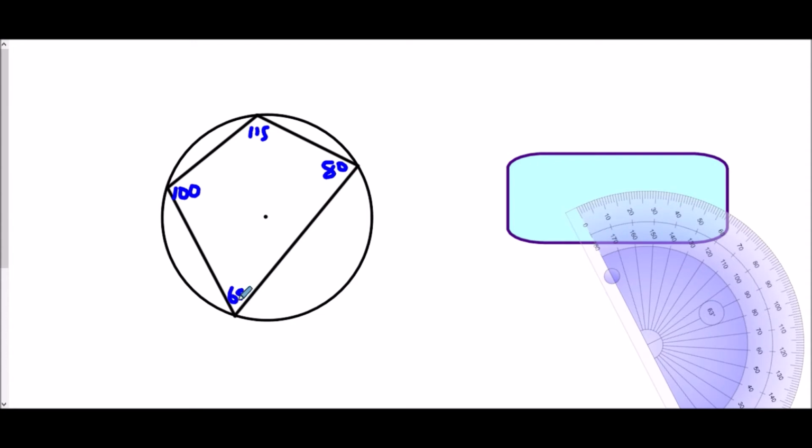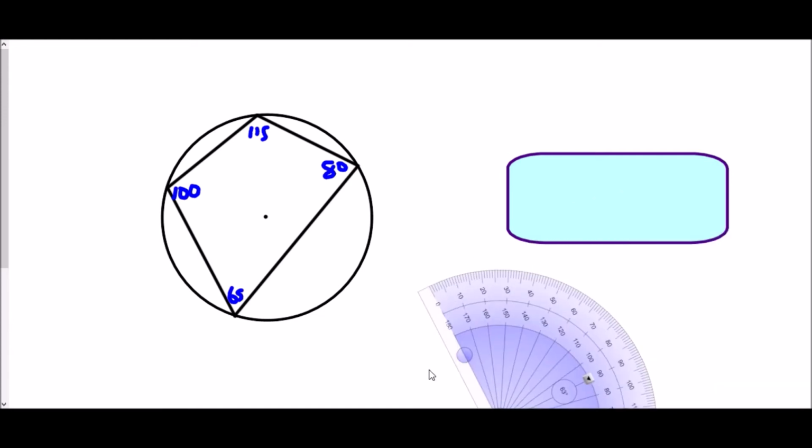Now, if we look at these angles, this time we don't have any pairs of equal angles, so there's nothing too obvious about what we can say here. But let's look at these angles in pairs. If I look at the angles which are opposite to each other, 100 and 80, 115 and 65, what can I say about those pairs?